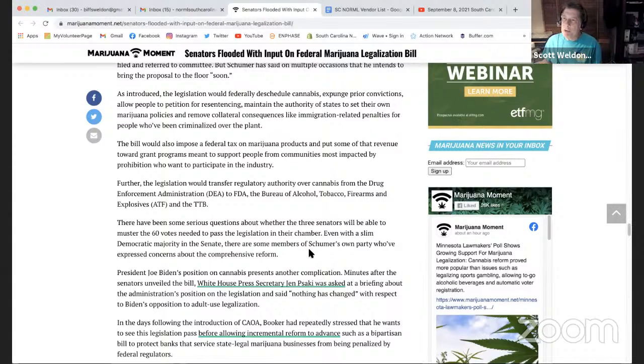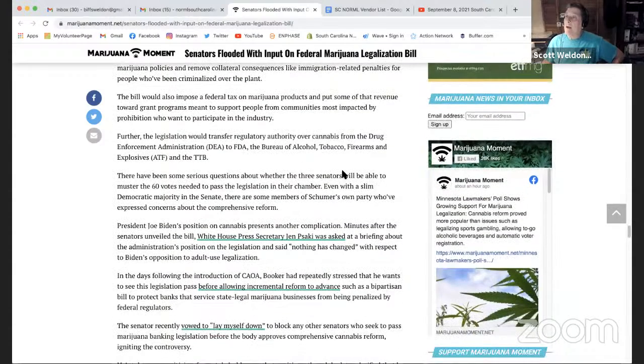The bill would also impose a federal tax on marijuana products and put some of that revenue toward grant programs meant to support people from communities most impacted by prohibition who want to participate in the industry.